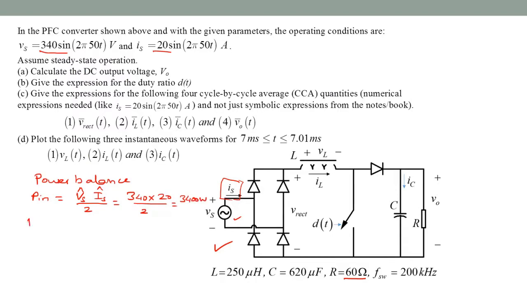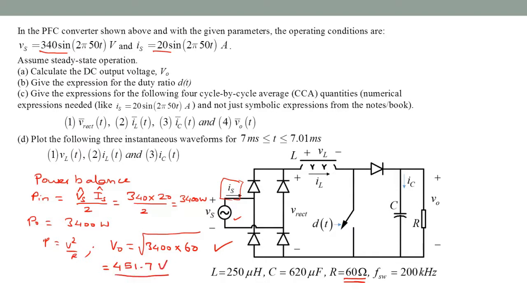So P out is also therefore 3400, and P is V squared over R, therefore VO would be the square root of PO times R, which is 3400 times the resistance of 60 ohms. So that gives us the output voltage to be 451.7 volts. Okay, that is the answer for part A.